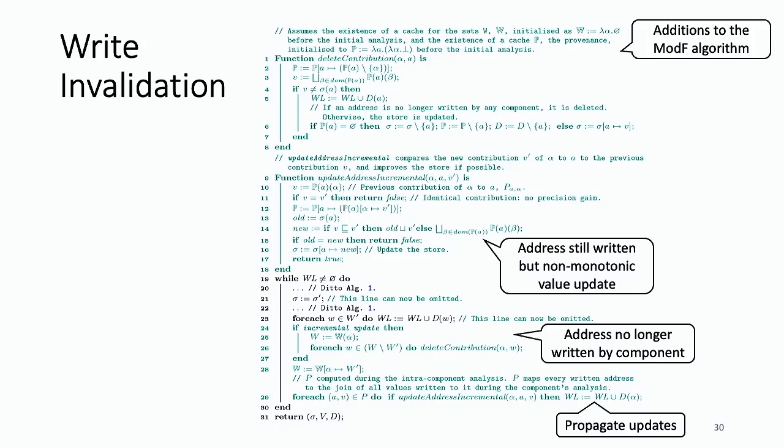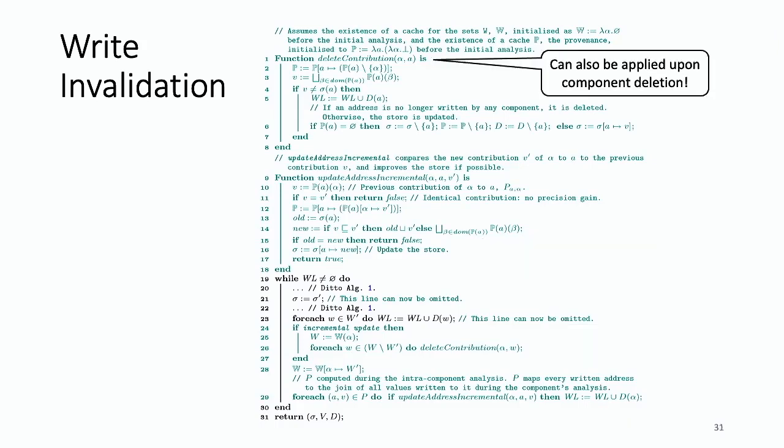And in each case, the changes can be propagated to other addresses as well. But what is interesting is that write invalidation can also be applied upon component deletion. So when you remove a component, you can just retract everything that it has written from the store. So all these addresses can become more precise as well. So we can actually say that write invalidation can reinforce component invalidation.